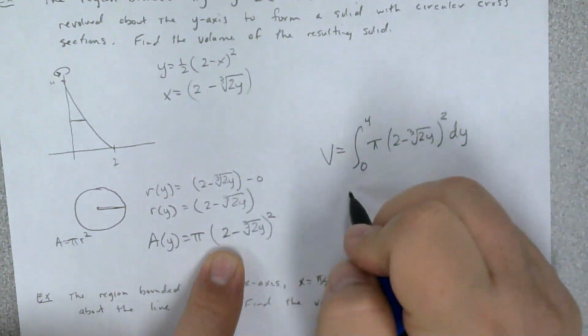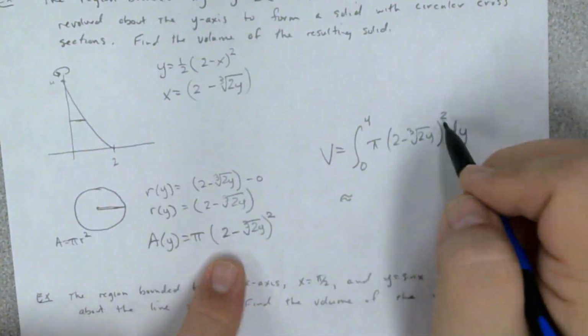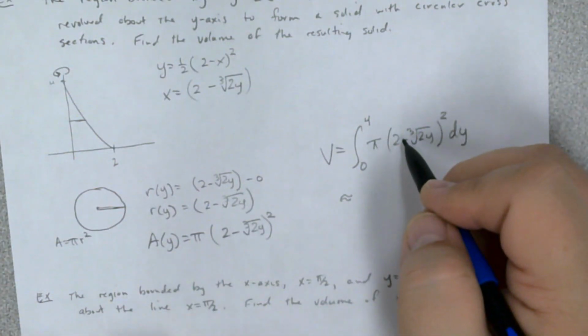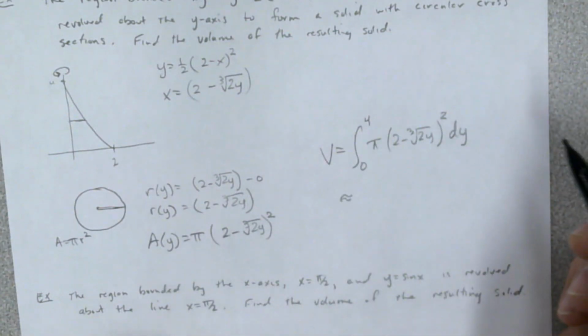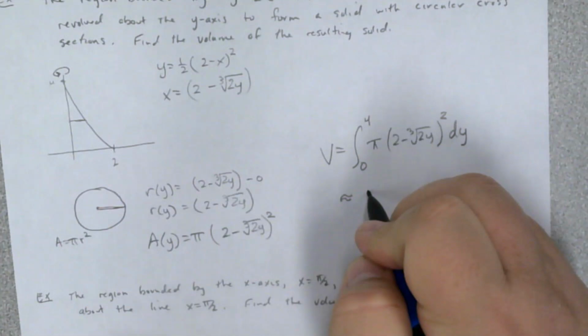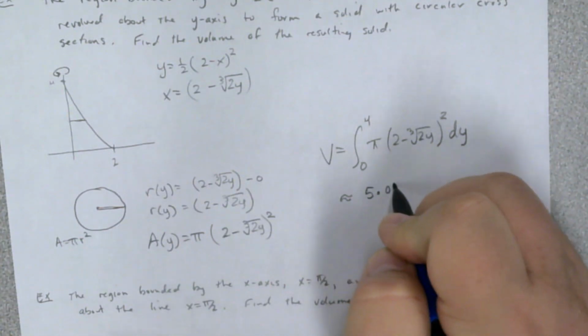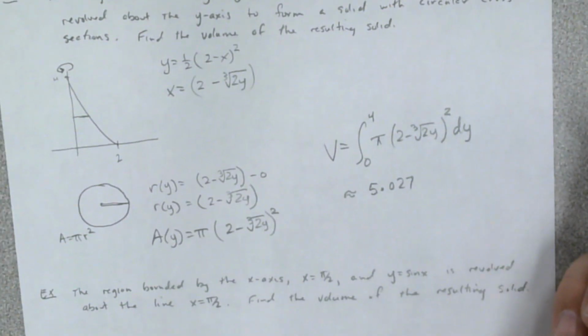And at this point, I would type it in the calculator and get a decimal answer for this one. Again, we can just multiply this out, distribute it. The pi can come out in front because it's a constant. Integrate each piece. I mean, we can do it, it's just easier to do it this way and get this value. So there is your answer there.